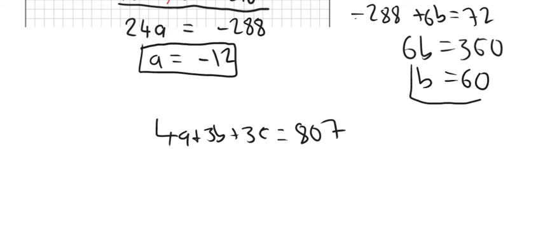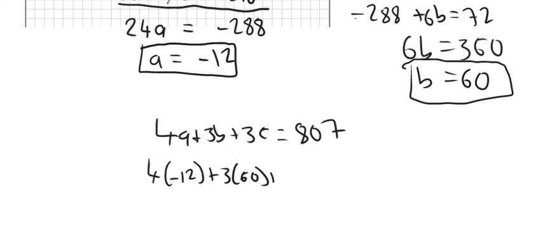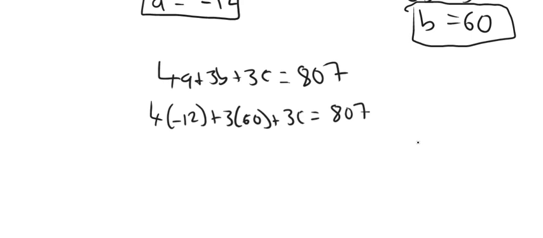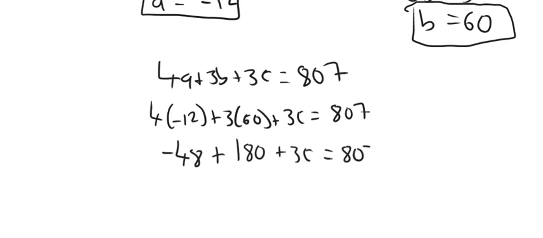We know that a is minus 12 and we know that b is 60, so 4 times minus 12 plus 3 times 60 plus 3c equals 807. So minus 48 plus 180 plus 3c equals 807.